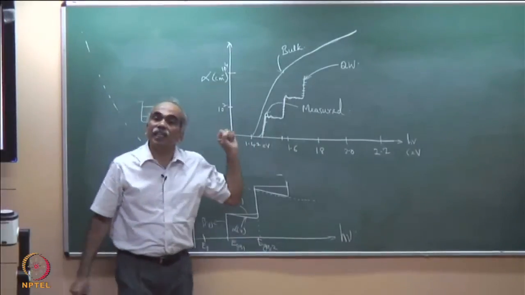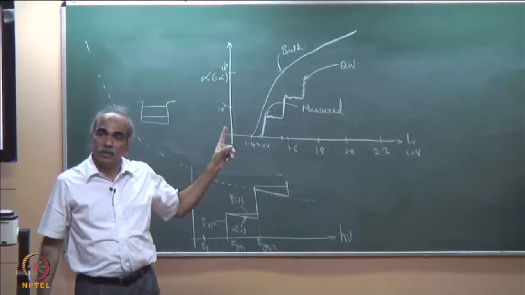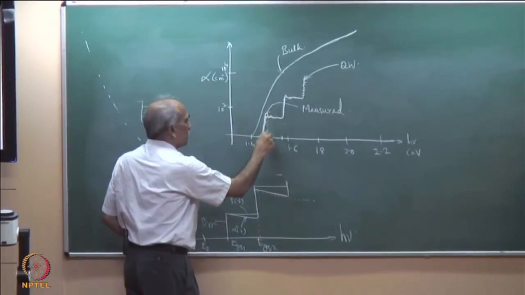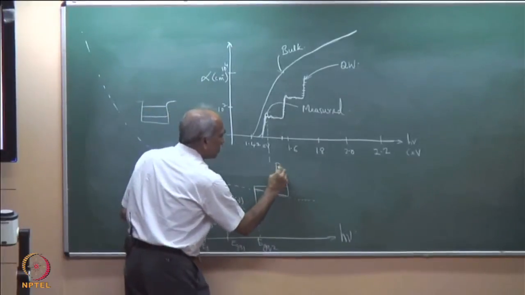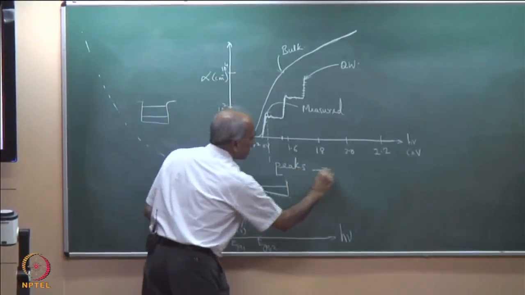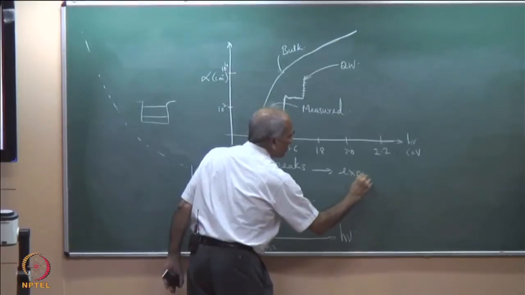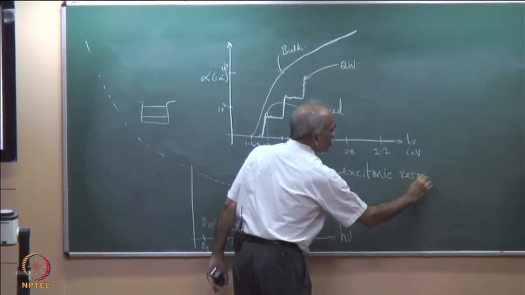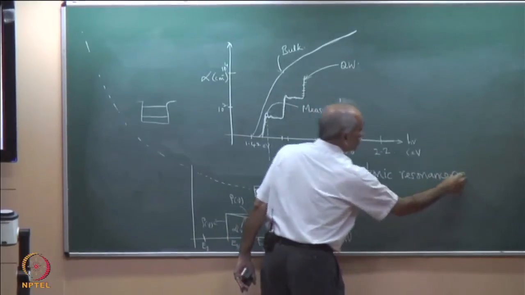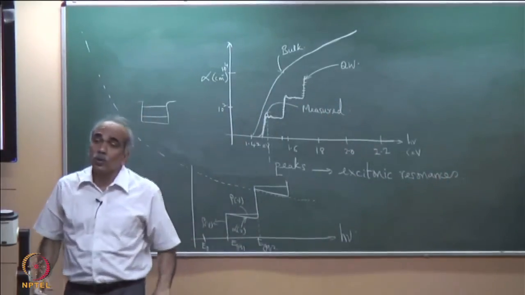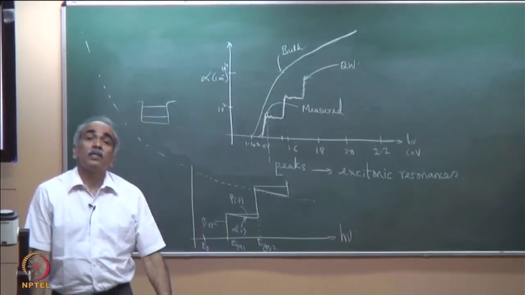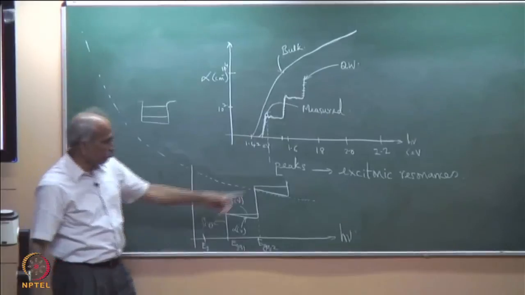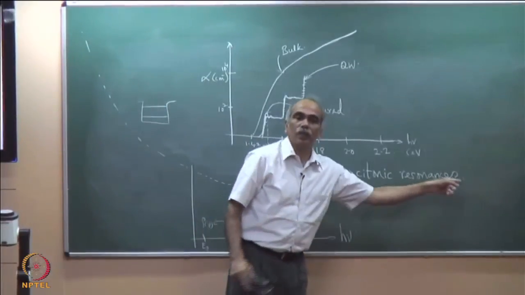What do we think is the explanation for these peaks? These peaks correspond to excitonic peaks, excitonic resonances. These play a very important role in the devices that we will discuss, quantum well modulators or electro-absorption modulators.